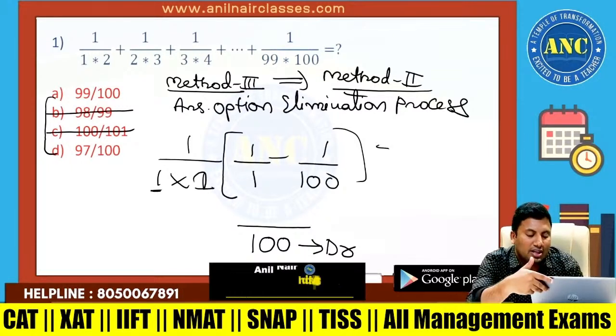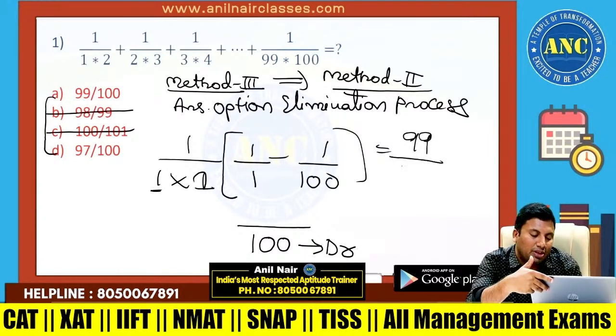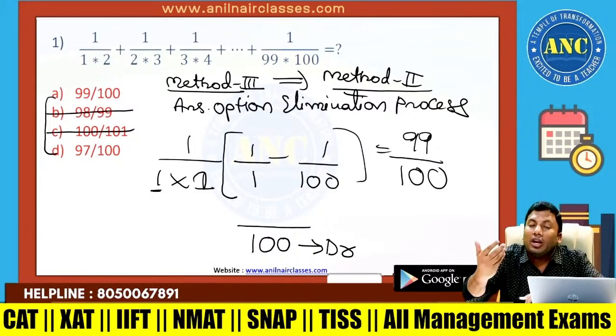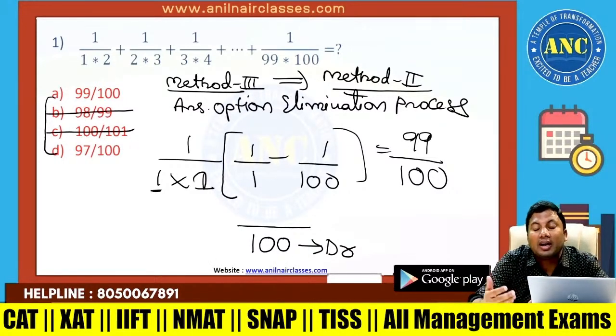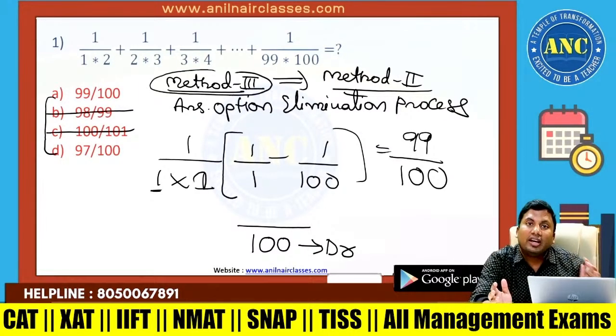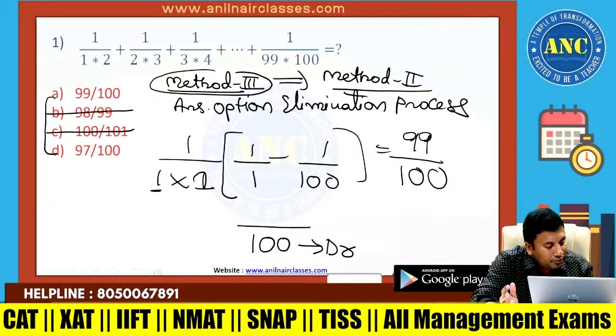So the answer, from method 2, is 99 by 100. Sometimes there could be only 1 option with a denominator of 100 or a factor of 100, and that will be the answer. I hope method 3 is also clear to you. Method 3 is derived from method 2.